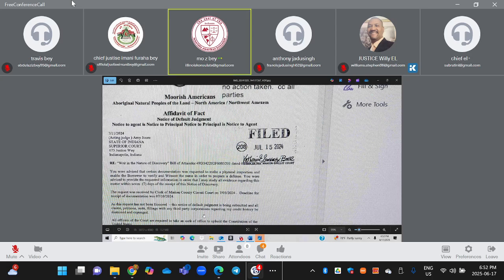by way of the writ of discovery, it says that they were never delegated any authority. And by way of Article 3, Section 2, any cause of action that a state, like the state of Indiana, is involved in, the Supreme Court, which is us, not their Supreme Court corporation, but the de jure Supreme Court, has original jurisdiction.